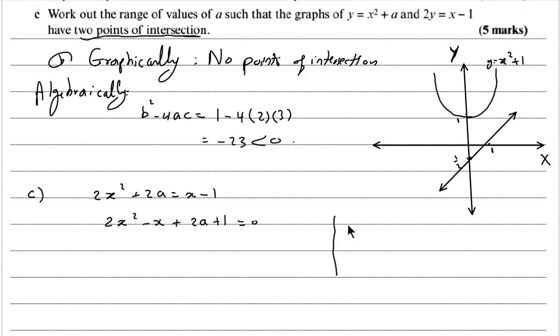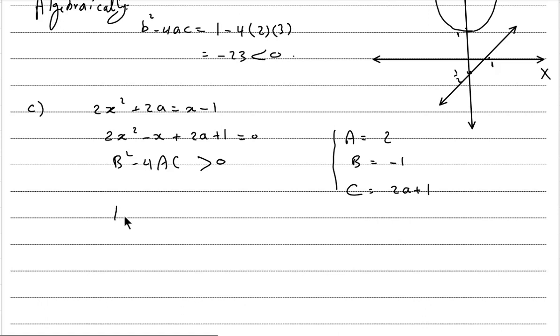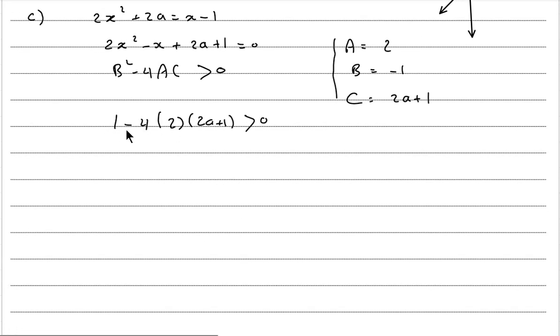In this case, I will write ABC as capital letters so as not to confuse this with this small a here. A here will be 2, B capital here will be minus 1, and finally C capital will be 2a plus 1. And b squared minus 4ac should be positive. So b squared means here 1 minus 4 times a, which is 2, times c, which is 2a plus 1, should be more than 0, and we want to solve for a.